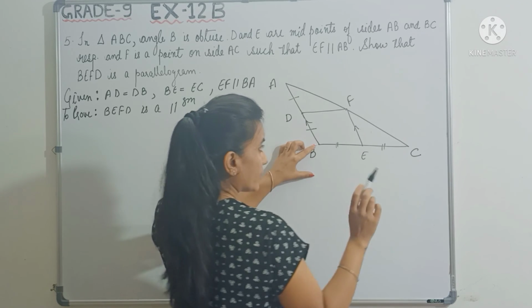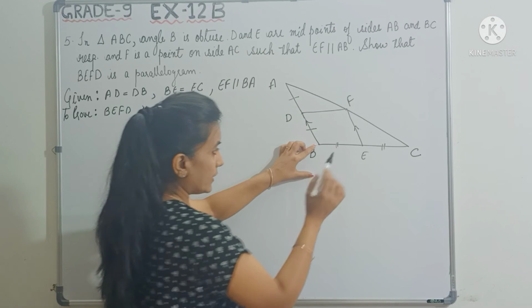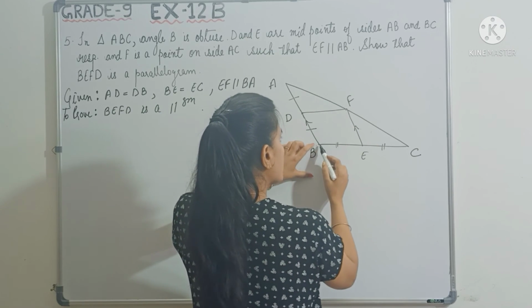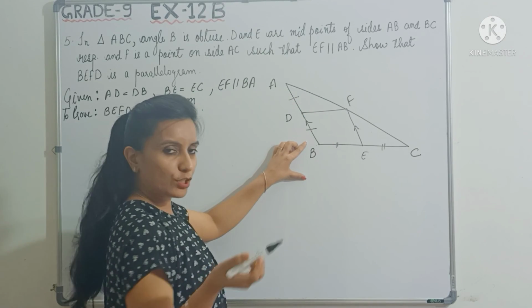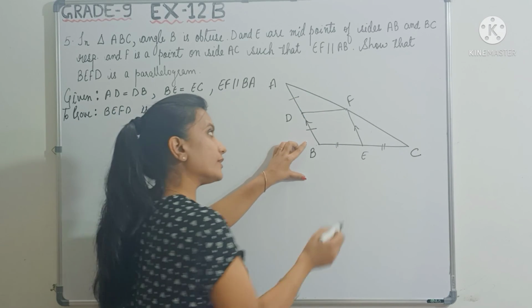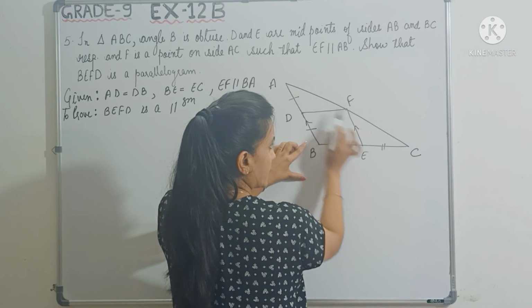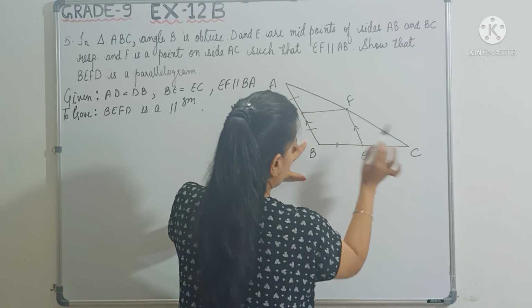So what can you conclude from here, which theorem will you use here? E is the midpoint of BC and EF is parallel to BA. So from the converse of midpoint theorem, can I say that F will also be the midpoint of AC? Right? I can say that, right? So now I got that F is the midpoint of AC.